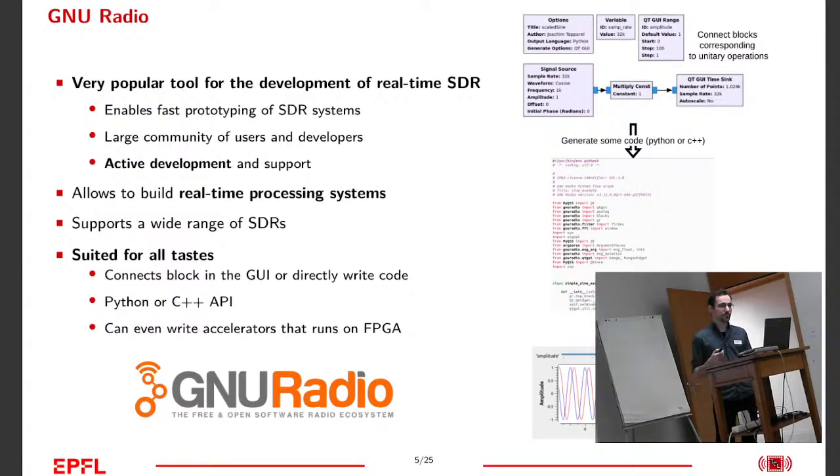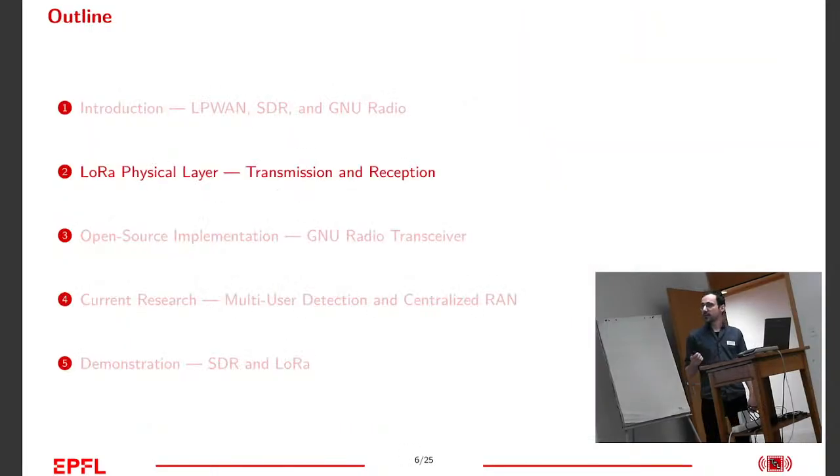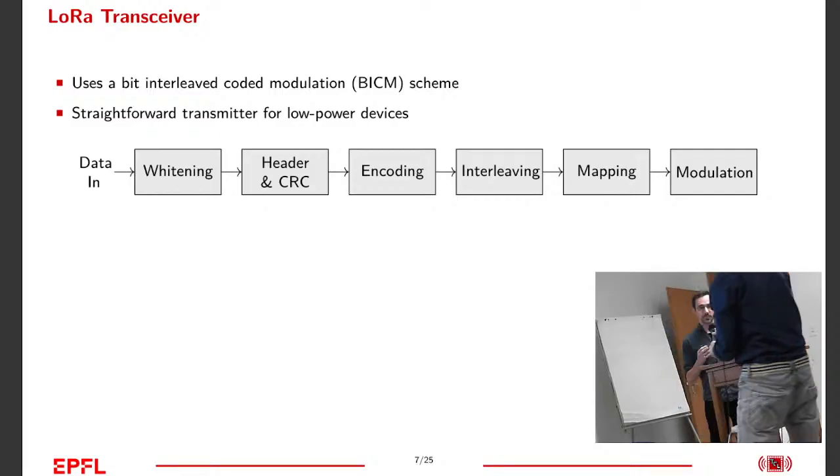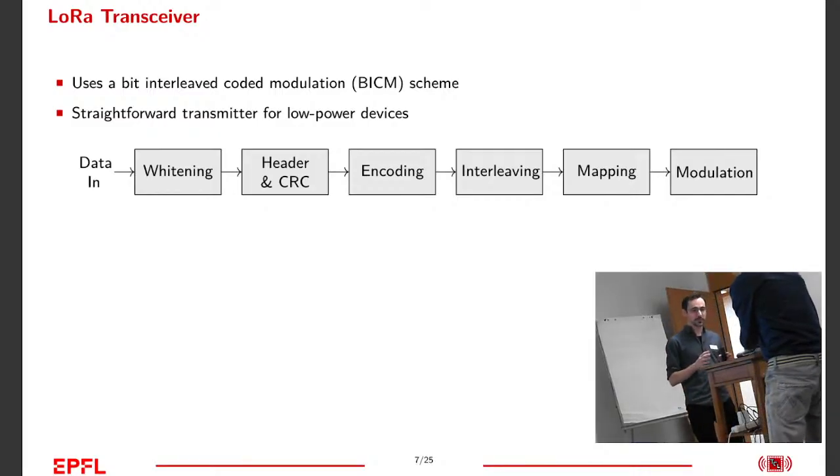Now, focusing back on LoRa and more details on how it transmits and receives signals, we have seen an overview of the transmitter. It uses a bit-interleaved coded modulation, and each one of those words should make sense after the talk.